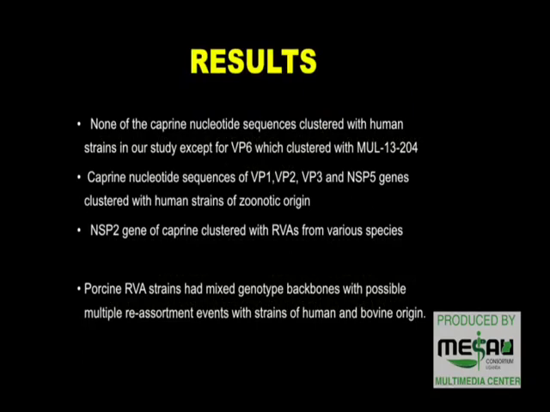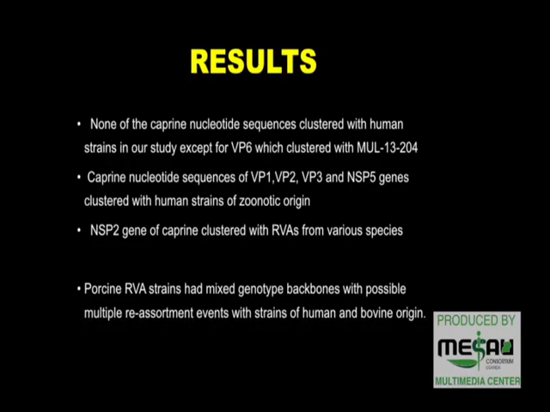For the caprine, that is the goat, the caprine strains did not cluster at all with our human strains, except for VP6, where it clustered with one of our strains from Malabo.